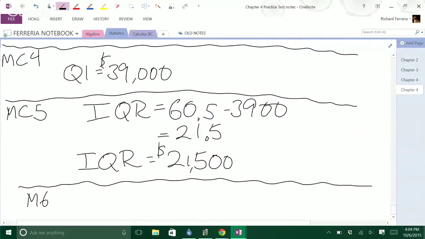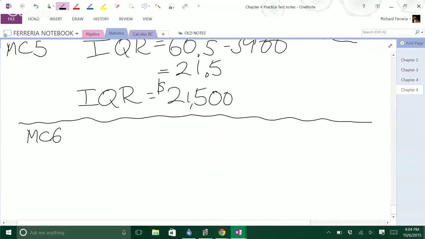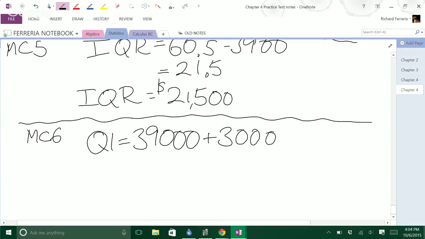MC6. Suppose that each salary receives 3,000 more. The new IQR, well, let's see, Q1 is going to be the old Q1, which was 39,000, but it's going to get 3,000 more, which is 42,000.